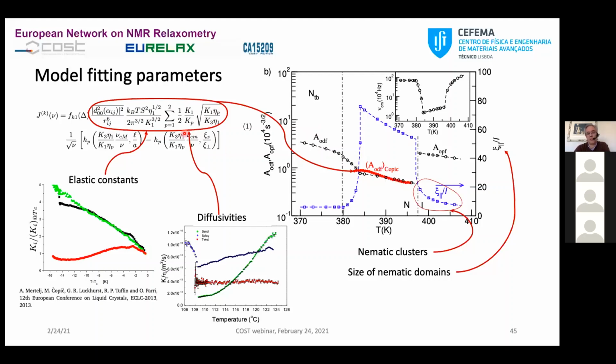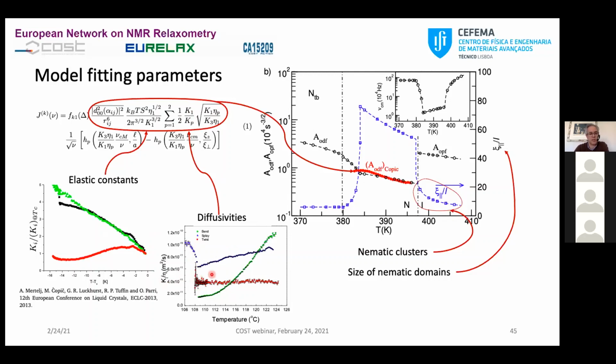And from the NMRD fit, we can only have access to the value of this parameter. But we have a model that tells me how this prefactor depends on the elastic parameters of the compound and the viscosity. It happens that for this compound, these elastic constants were measured. I will not go into detail how they measured it, but they are measured, and so it is possible to estimate the viscosities as well.